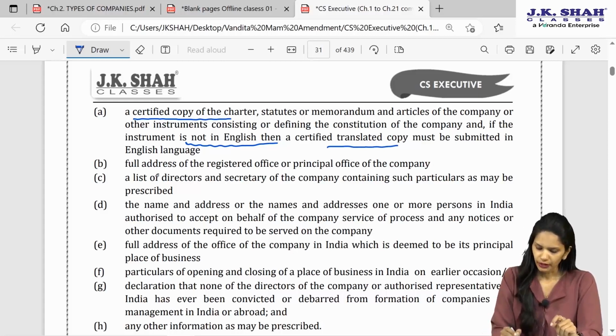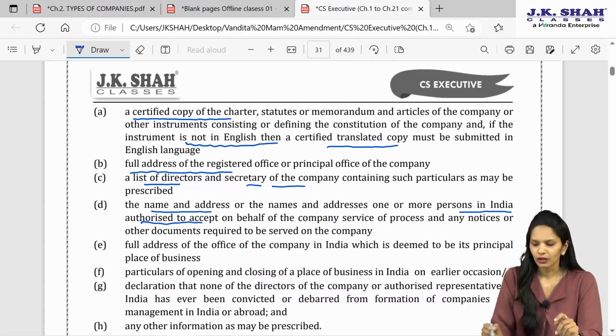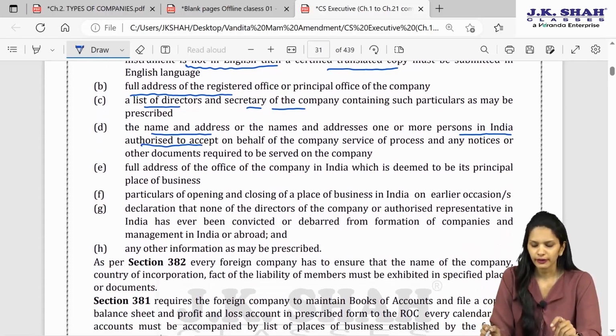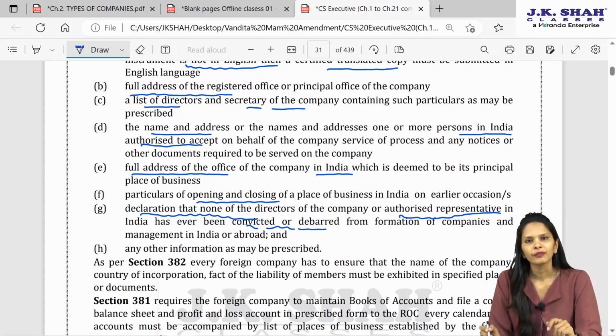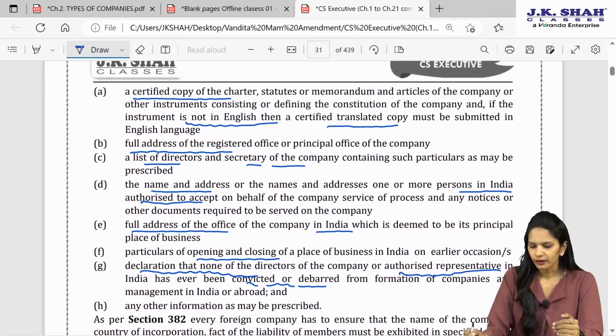Along with that, we have to submit the full address of the registered office of your company, list of directors, secretary of the company, then name and address of one or more persons who are authorized and doing business in India on behalf of that foreign company. Then the full address of the office located in India. Then their opening and closing timing, and a declaration that none of the directors or the authorized representatives are convicted or debarred from formation of companies in India. So all these documents need to be filed with the ROC.